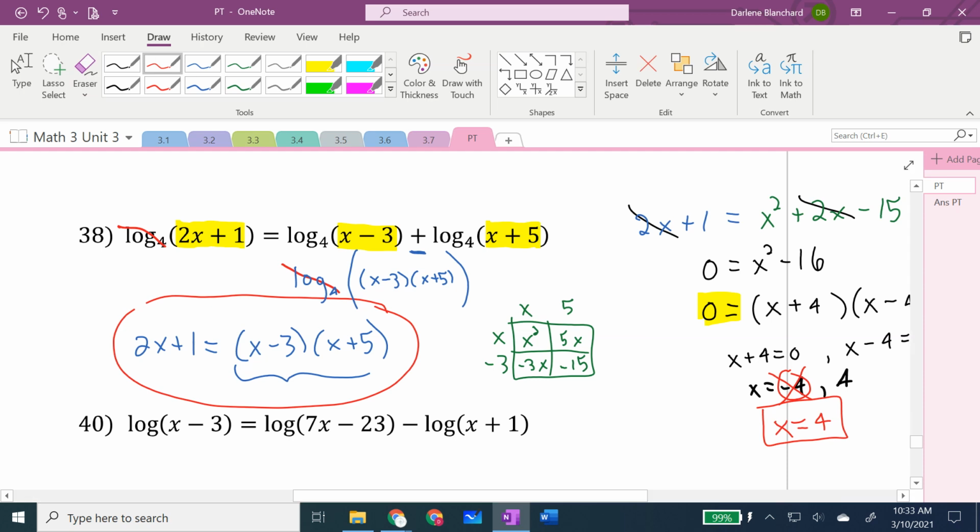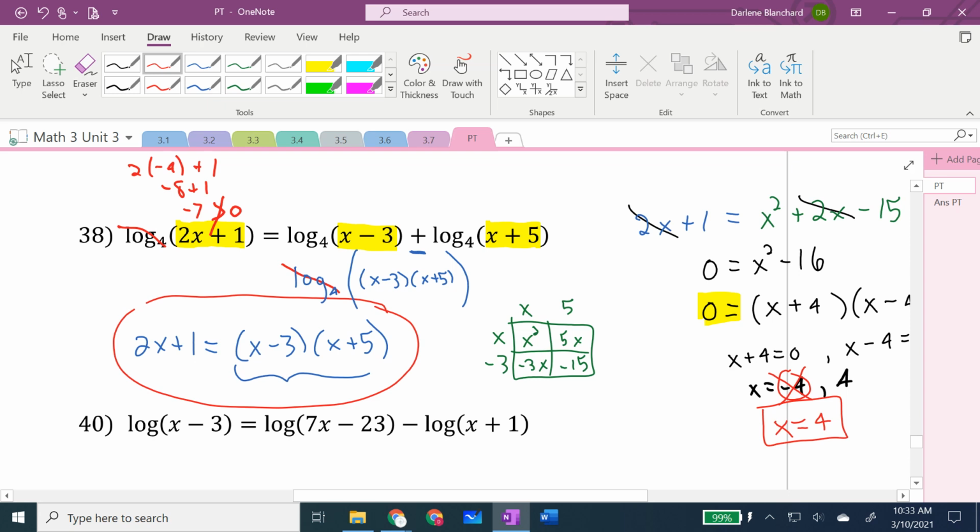So with the -4, you are testing 2 times -4 plus 1. Is it positive? It is not positive. Because it is not positive, that alone says it's not a solution.